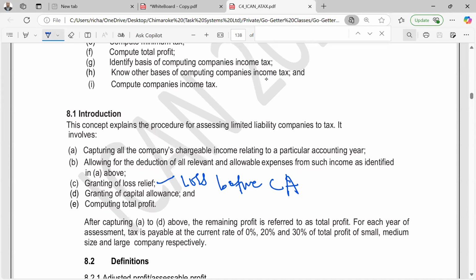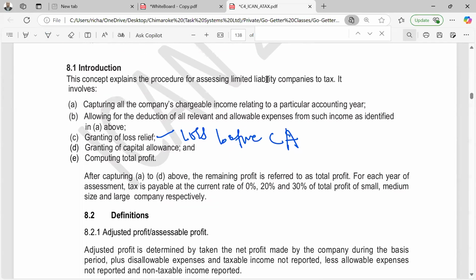So loss is granted before capital allowance. So that's what you should take note of. The loss is granted before capital allowance. So after capturing the capital allowance, what you have left is called the total profit.